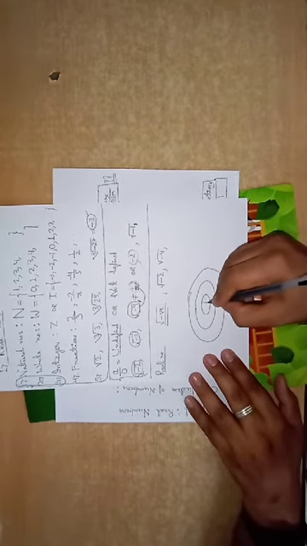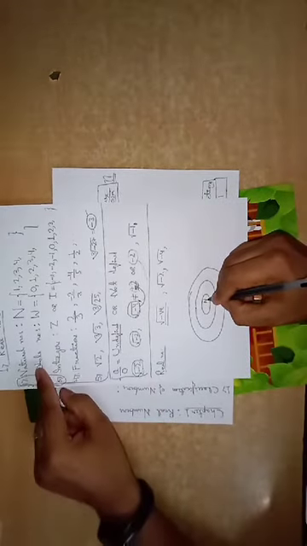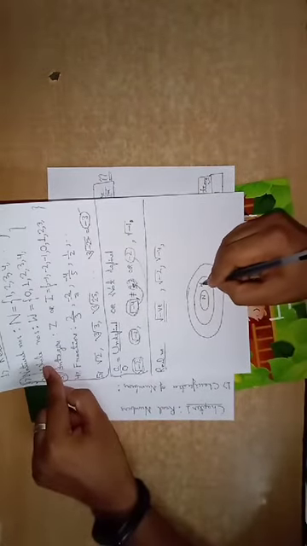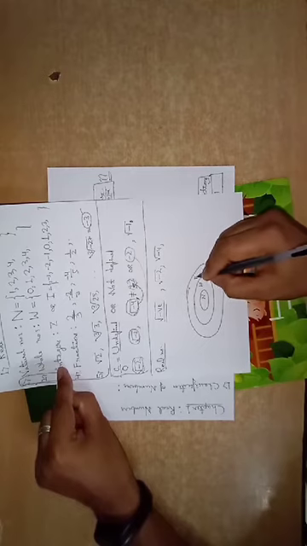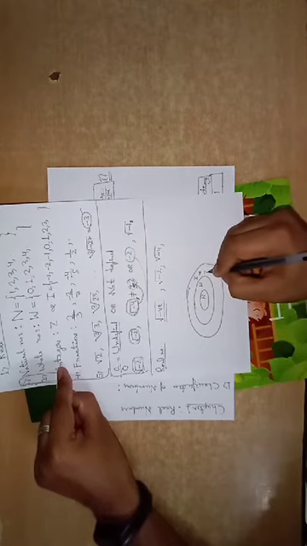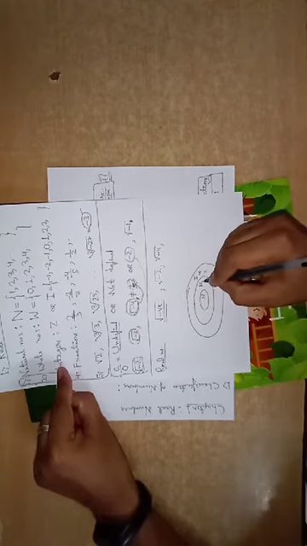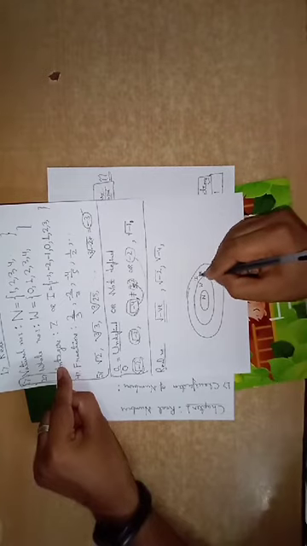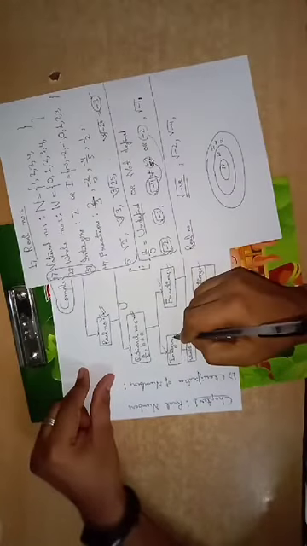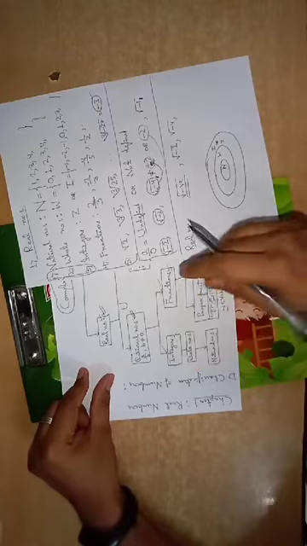You can clearly see that all natural numbers are whole numbers. All whole numbers are integers. So if I say integers, we have included everything.